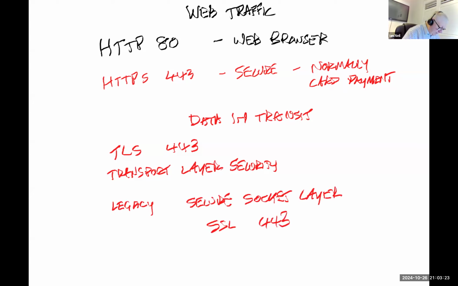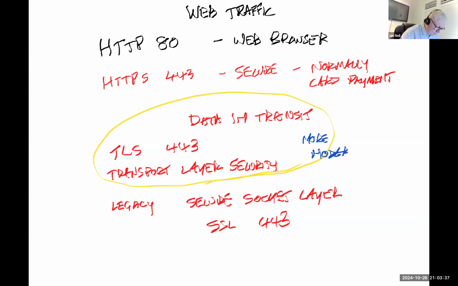But if you're going to look at data in transit, the one you want to use is this one here, TLS, because he is actually more modern. And all three of these bottom ones, they all use the same port number, which is a bit strange.